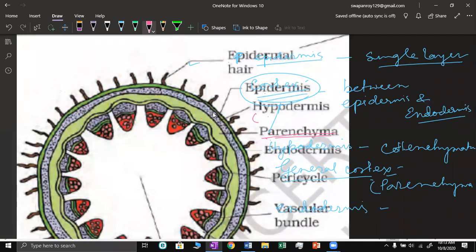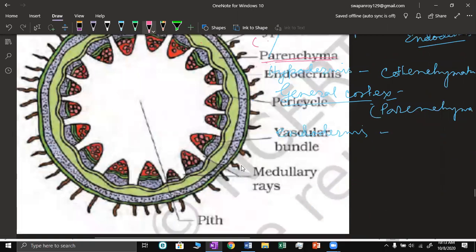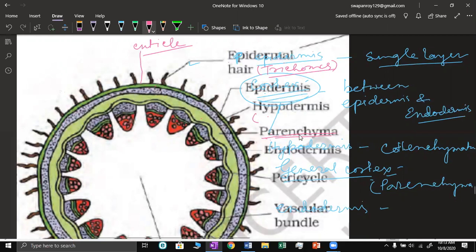On the epidermis there are hairs, also known as trichomes, and there is also a chemical layer present as the cuticle.